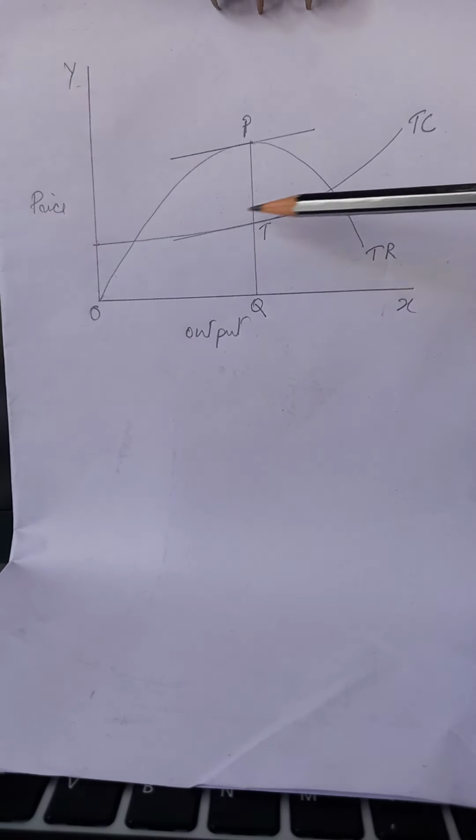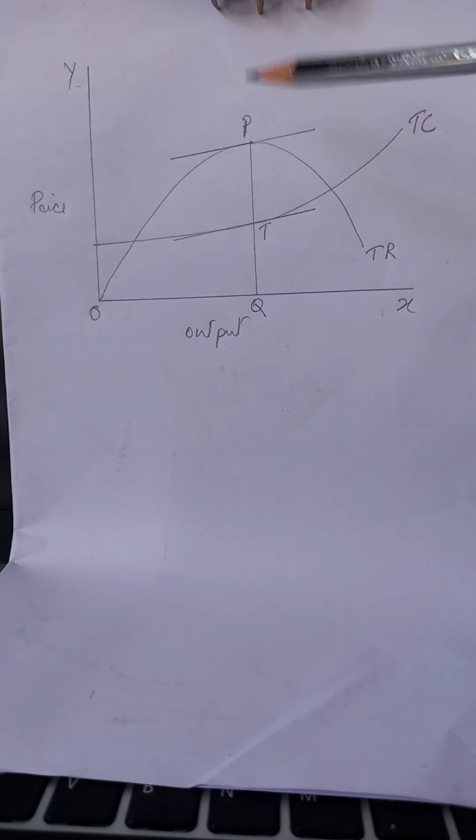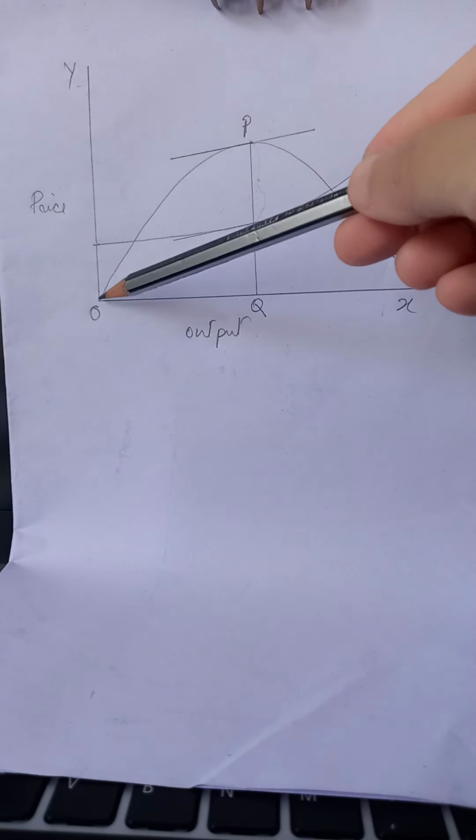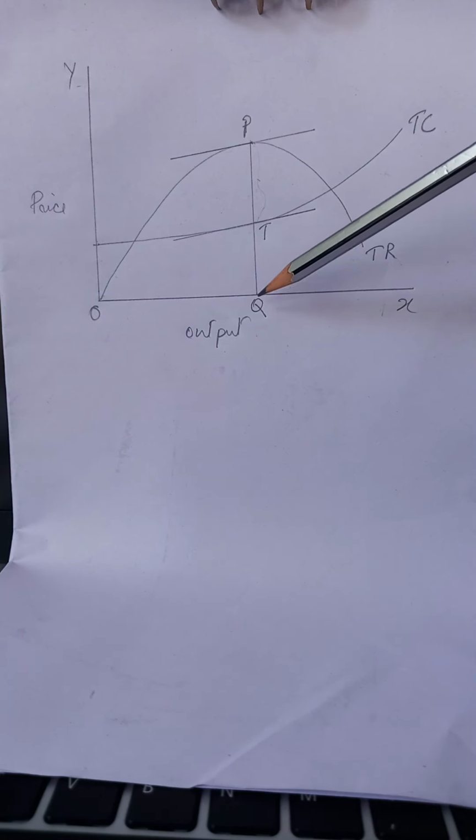And just by looking at this tangent, this is the maximum distance between these two curves. So what I can say is that it is on producing OQ level of output that the distance between the TC and his TR is the greatest or at the maximum.